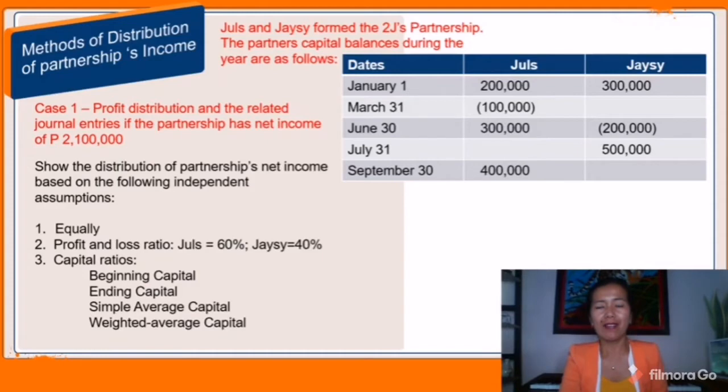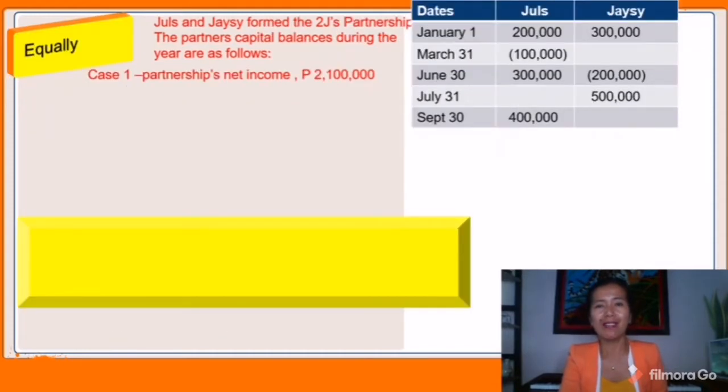Let's take up first the first method, equally, the simplest one. How to do it? Simple. Since we have two partners, the net income of 2,100,000 divided by 2 will give us 1,050,000 share of each partner.